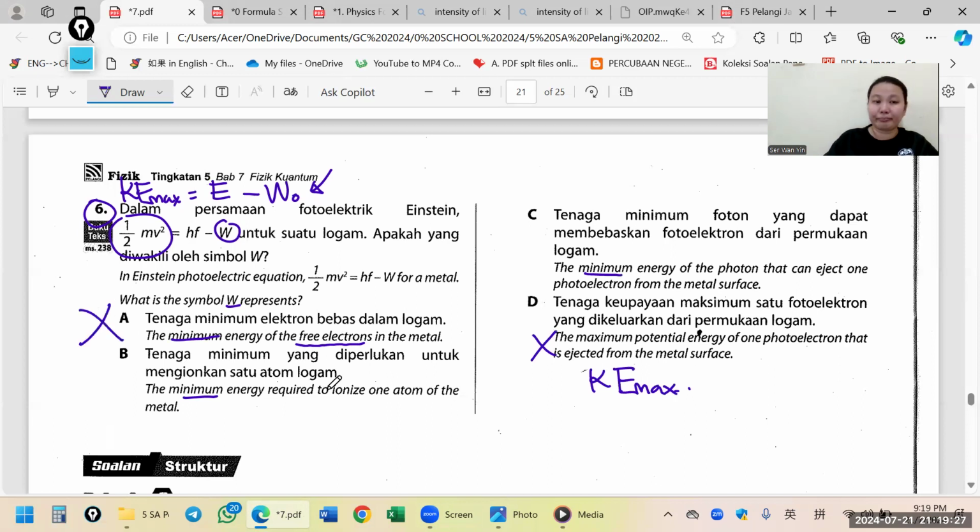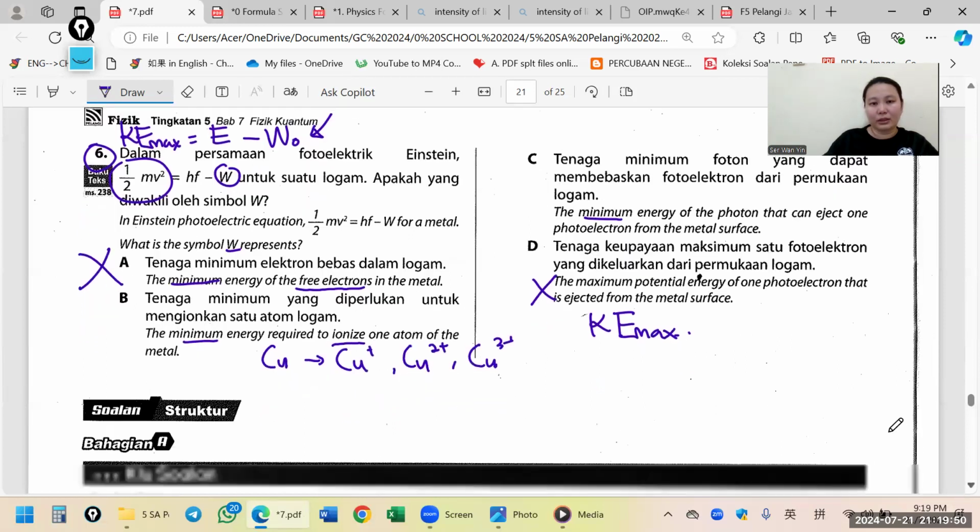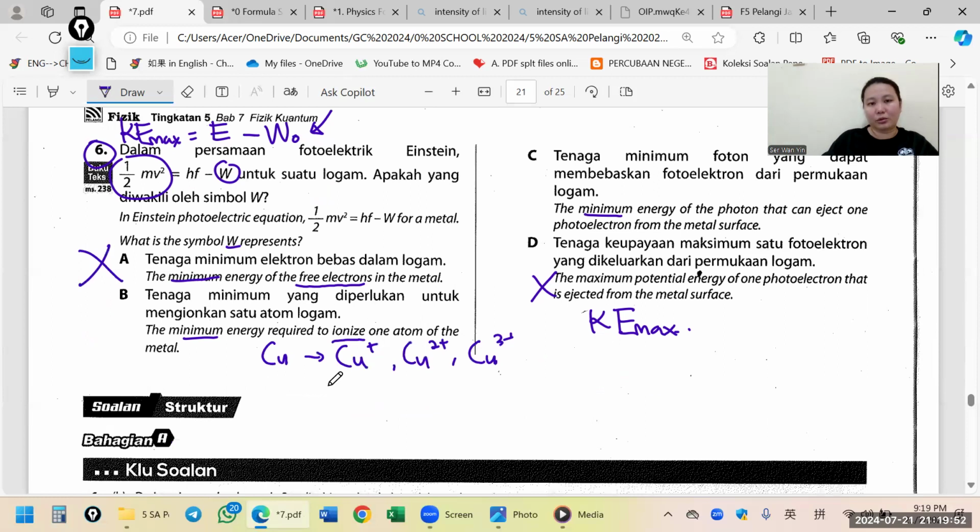No. These two seem like the same, to ionize one atom. Ionize means, let's say for Cu, maybe Cu plus, Cu2 plus, Cu3 plus. So ionize could release one electron, two electrons, or three electrons.